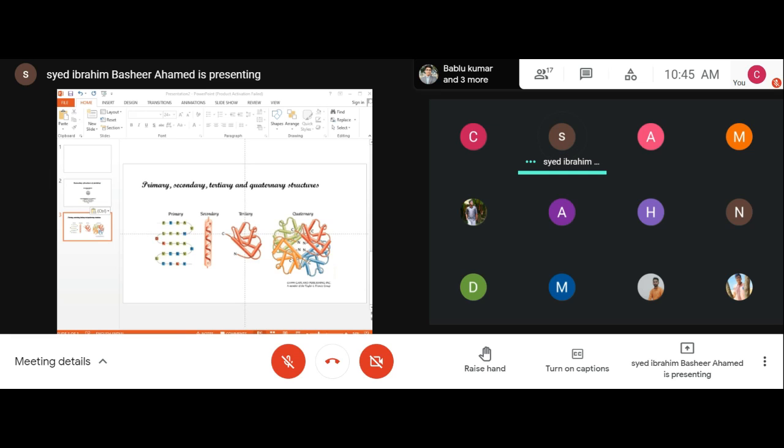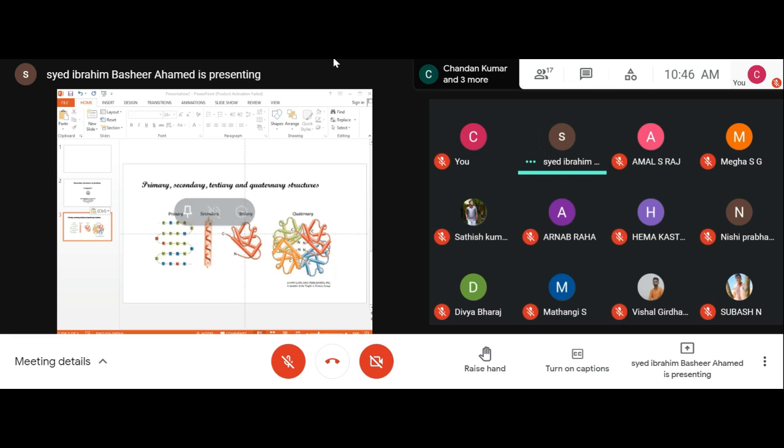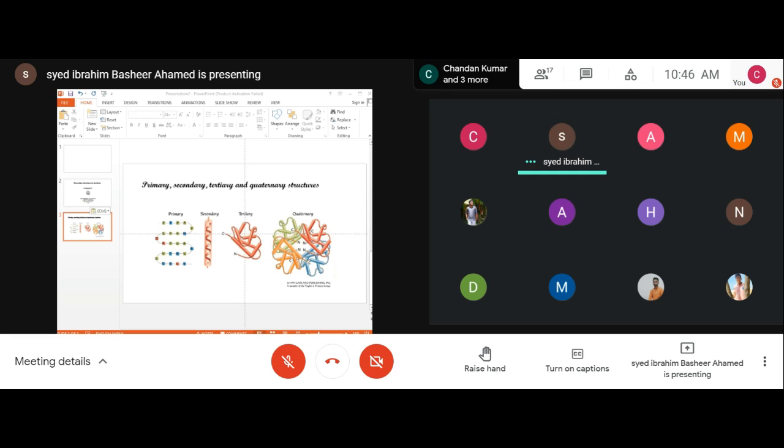You got it? You are getting or not? Yes, sir. Vishal, do you understand? Yes, sir. So can you say what is in ribosome? Sir, it's a quaternary structure of polypeptide.